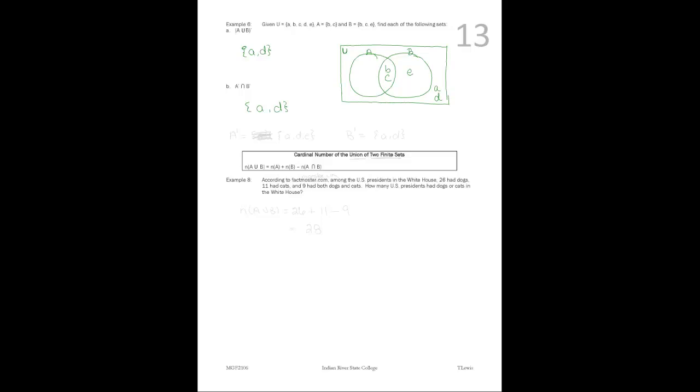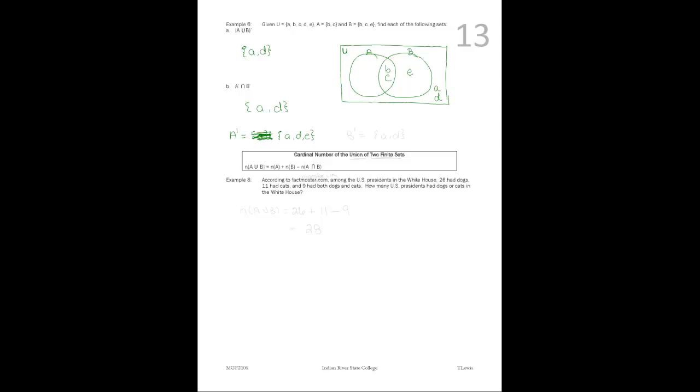Well, let's do this. A prime, let me draw this out. What's not in A, because I heard A and D twice. Hold on. What's not in A? E, right? Let's do this. A, D, and E. That is not in A, right?